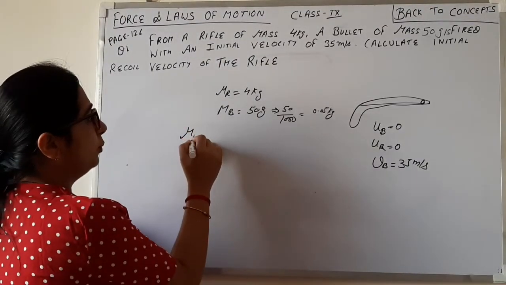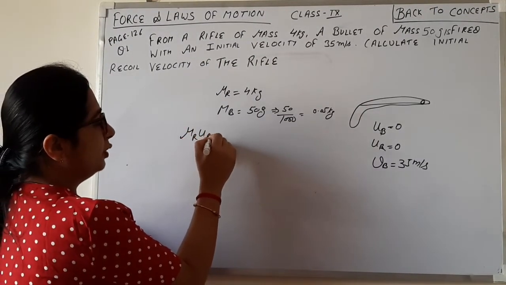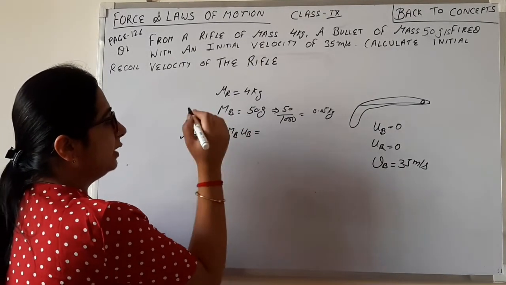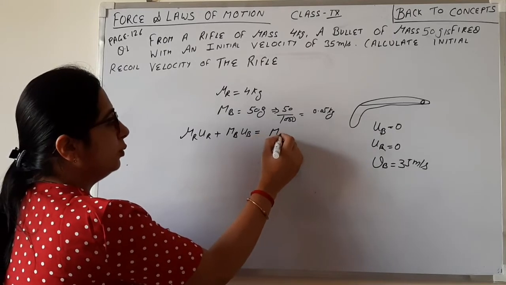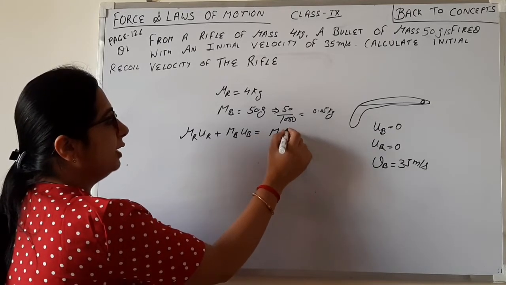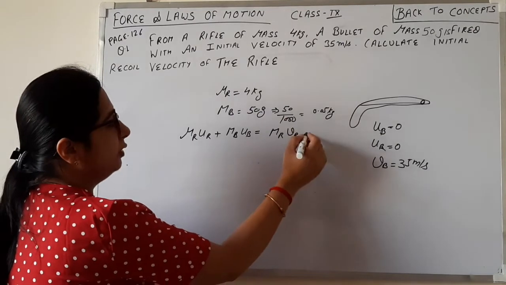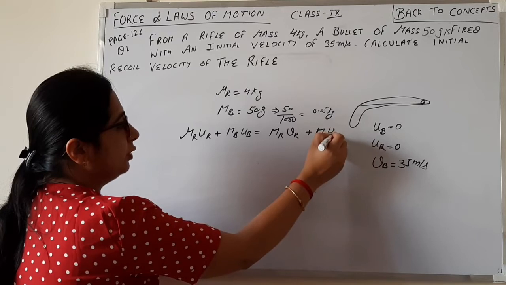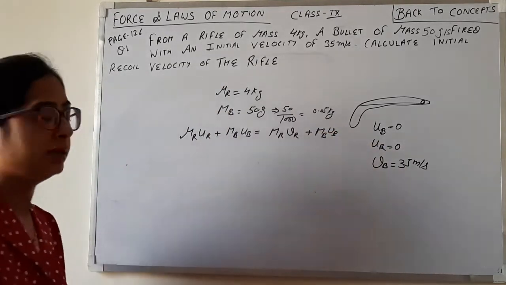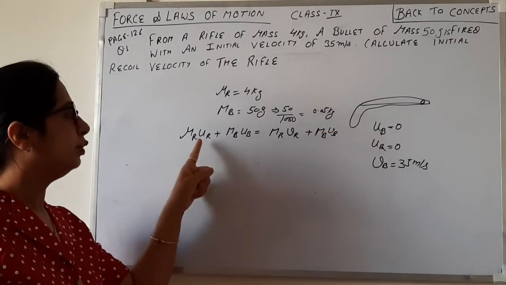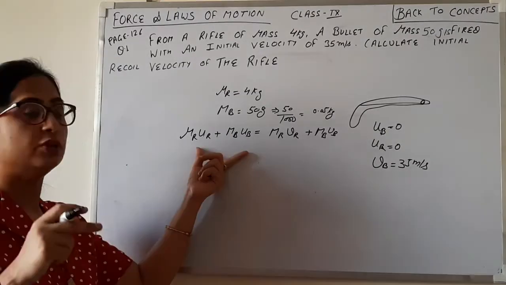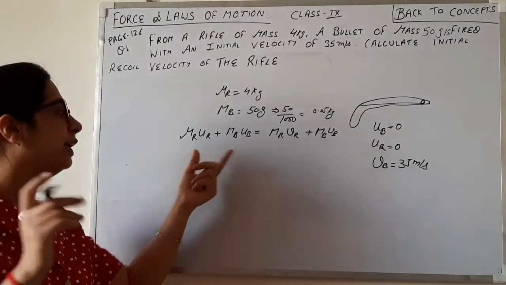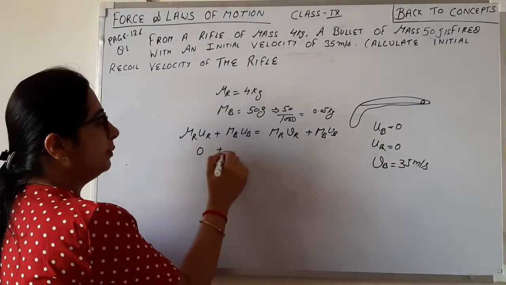That is equal to mass of rifle times initial velocity of rifle, plus mass of bullet times initial velocity of bullet, is equal to mass of rifle times final velocity of rifle, plus mass of bullet times final velocity of bullet. Okay, so here UR and UB both are 0. Initial momentum of both the rifle as well as the bullet is 0, so it will become 0.